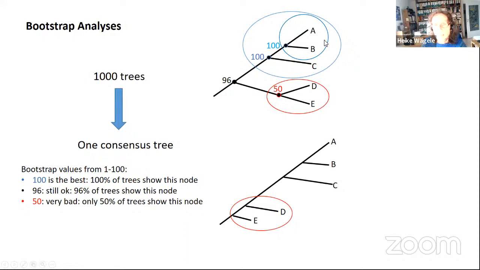It was found in the maximum likelihood analysis, and it is supported by 100% in the bootstrap analysis, and the same here. This is now a little bit difficult. It depends on the researcher and on the groups. For example, I would say 96 is still okay, so 96% of the trees show this node. But when we have only a 50, then we can say this node is not really reliable at all. We have to reconsider this when we are discussing the tree.